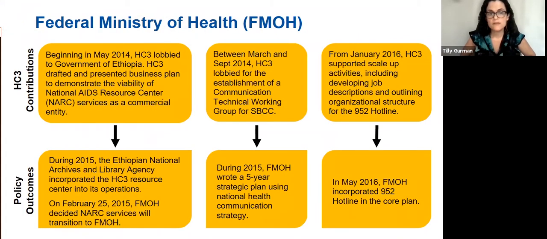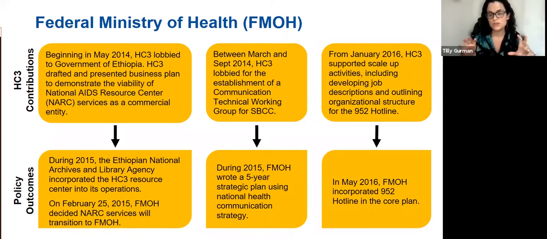And then for the Ministry of Health, we identified outcomes, again, for these sustainable outcomes. The ones that we identified here on the slide were all policy related. So again, the top of the slide shows you the contributions from HC3 and the bottom is the outcomes themselves. And these were looking at changes in the strategic plan, incorporating social behavior change into their strategic plan, and also incorporating the hotline.